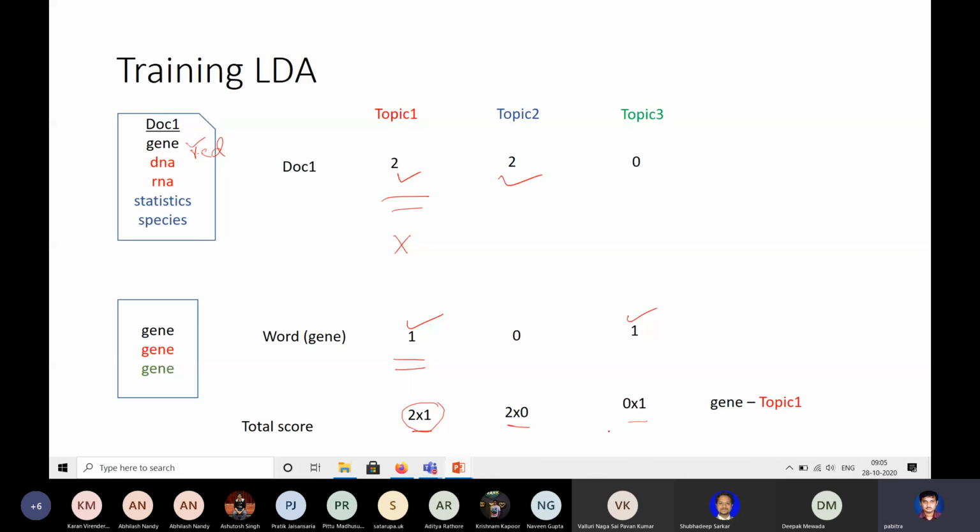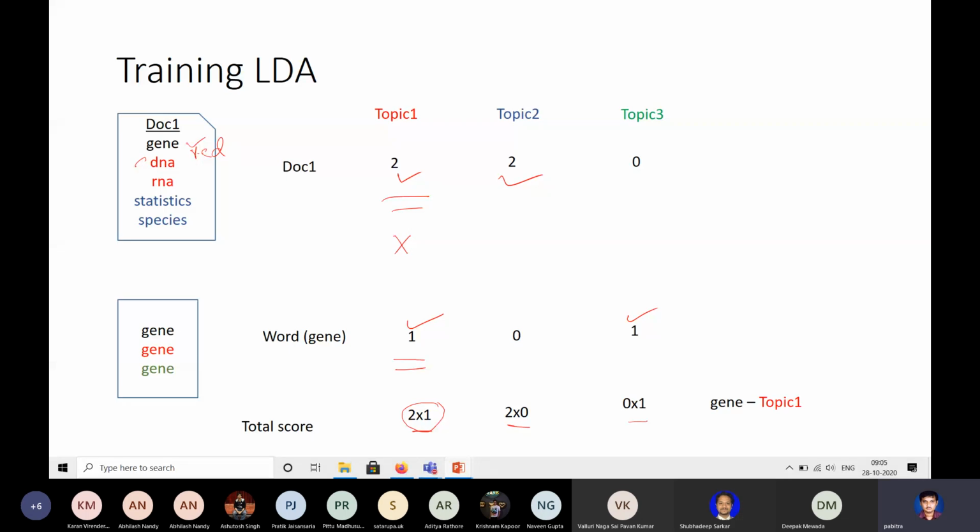Now for this word, I have a score for topic 1, topic 2, and topic 3. Whichever topic is the highest according to this score, I put that color. Next, once this is colored red, we want to find the color of the next word.